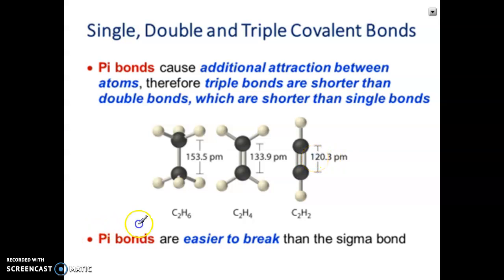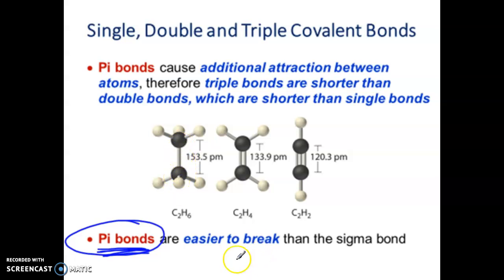But actually, that's untrue. Pi bonds are much easier to break apart than the sigma bond, the original single bond, is. When we get into our next unit, where we start looking at chemical reactions involving molecules like this, you're going to notice that molecules that have double and triple bonds are much more reactive than molecules that have only a single sigma bond.